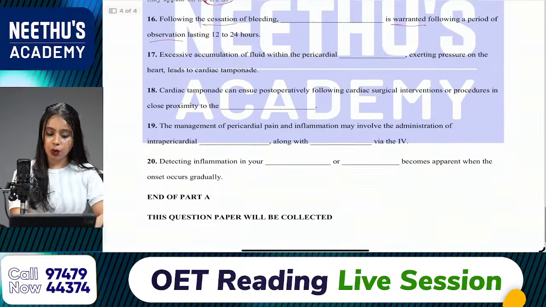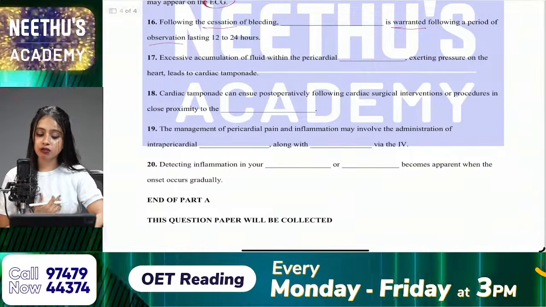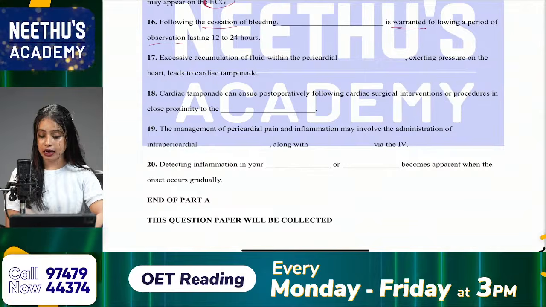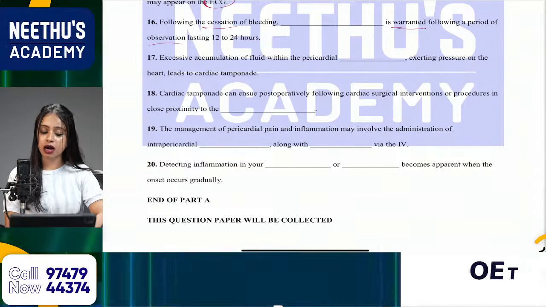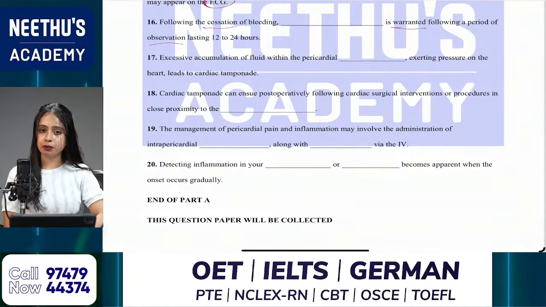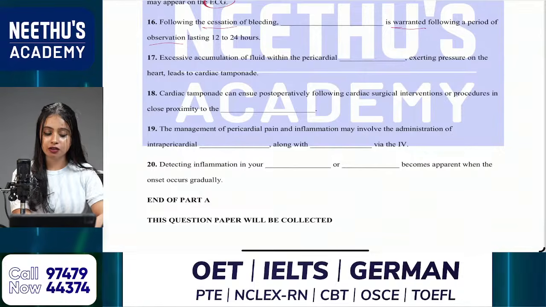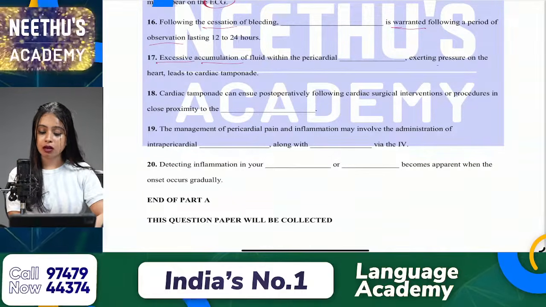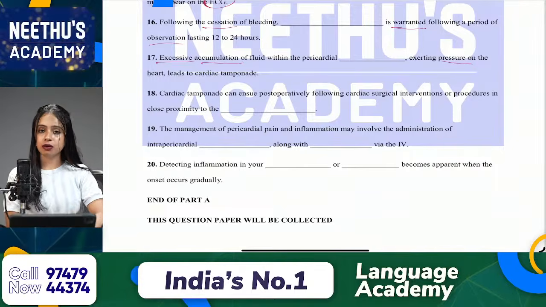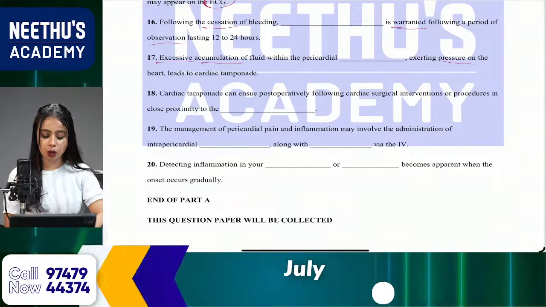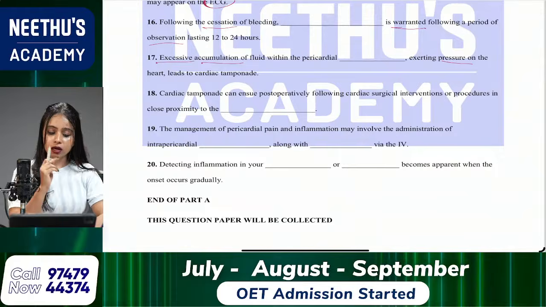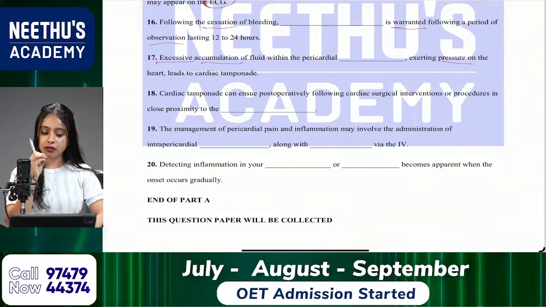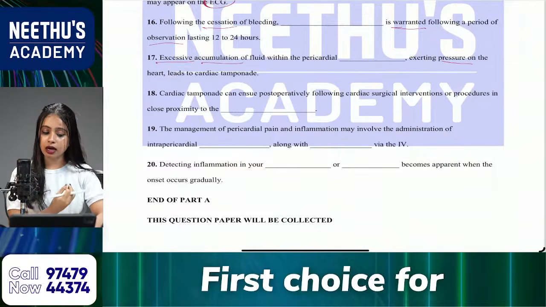Then 17th one: excessive accumulation of fluid within the pericardial dash exerting pressure on the heart leads to cardiac tamponade. So my keywords: excessive accumulation and pressure. So the answer is accumulation of the fluid within the pericardial heart, cardiac tamponade.